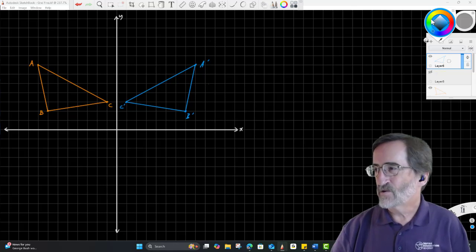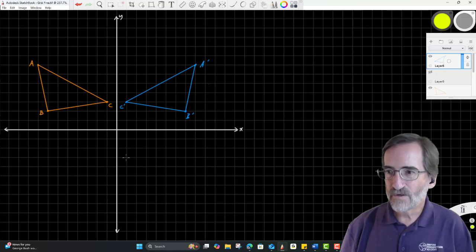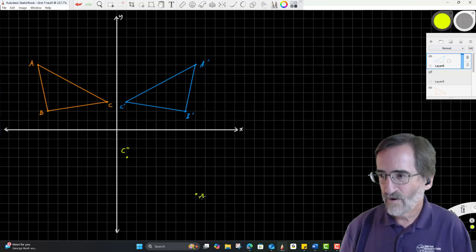So let's reflect across the x-axis here. C prime is 3 above, so C double prime is 3 below. A prime is 2, 4, 6, 7 above, so A double prime is 2, 4, 6, 7 below. B prime is 2 above, so B double prime is 2 below.